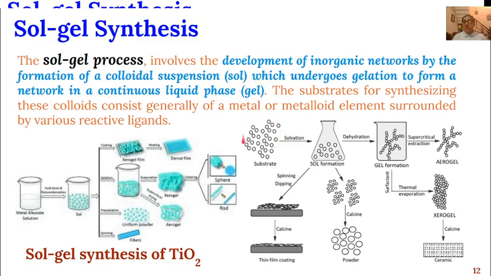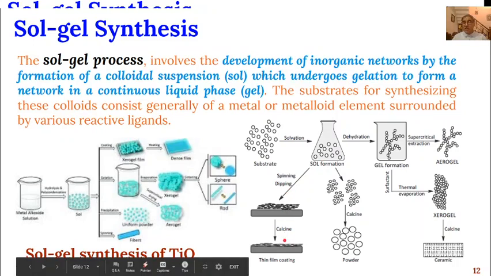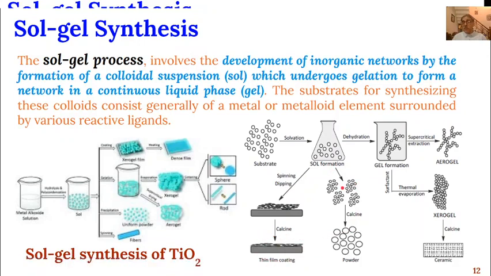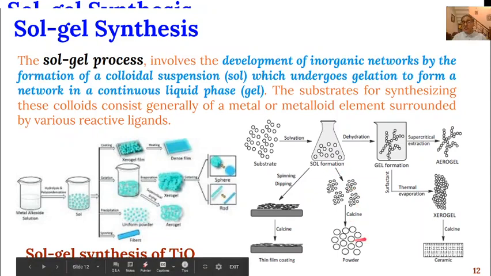So what happens is we will take a substrate, and through solvation this will be converted into sol formation, and this sol formation by spinning and dipping and calcine will be converted into thin film coatings for different applications of nanomaterials. Or this sol formation directly by calcine can be converted into a nanomaterial powder.